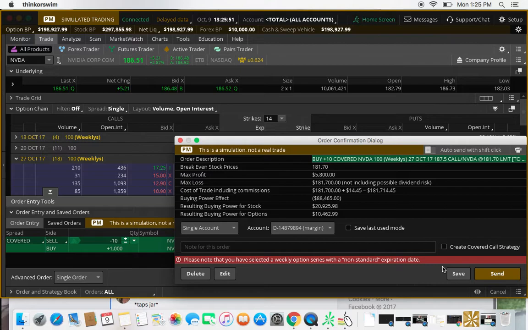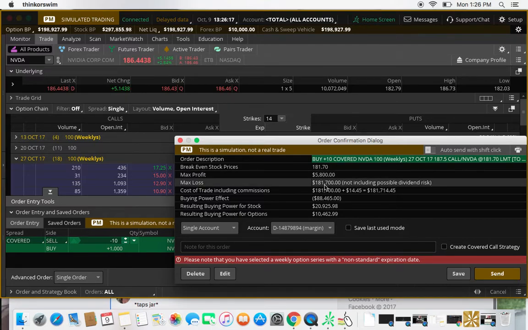Okay. So it tells you all about what's going to happen there in the trade. So this is my maximum. What's the maximum loss? Maximum loss would be if you bought 1,000 shares in NVIDIA stock. So if I bought 1,000, I don't even know how much I just paid for this.